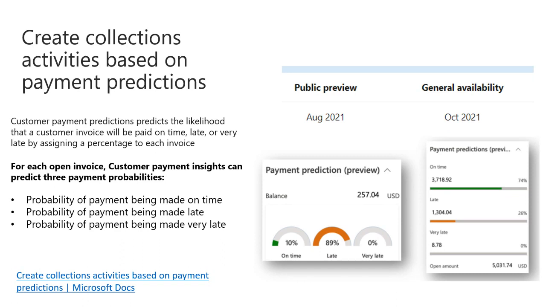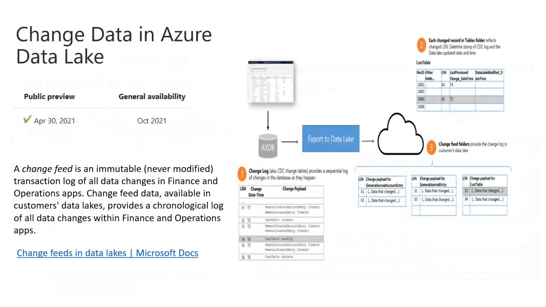So there's a lot of functionality that has been added in those areas, and a really great credit and collection workspace with Power BI that you can also go take a look at. So if this is relevant for your business, then go take a look at that. Let's take the next slide, please.